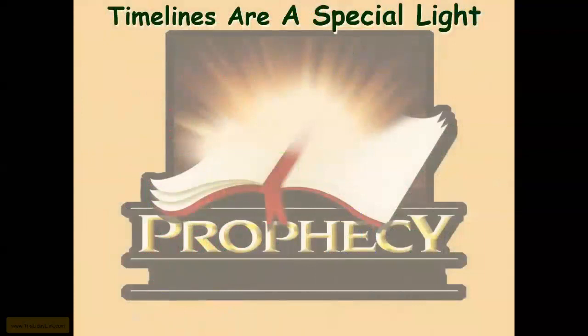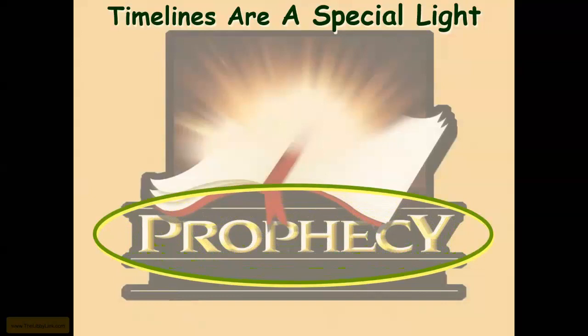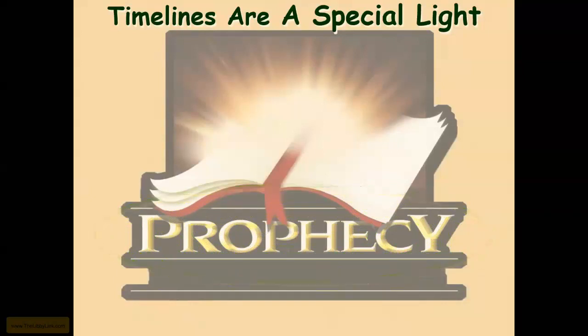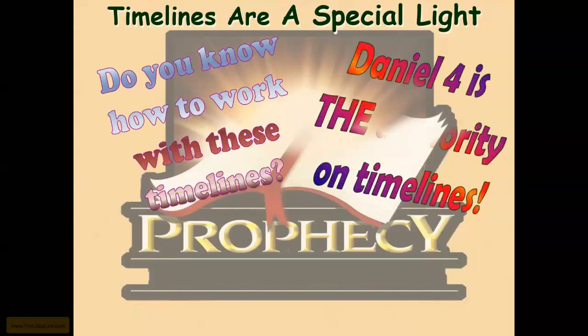Timelines are a special light. Oh yes, timelines are a special light in prophecy. They light our path through each important event right up to the end of time. The question is, do you know how to work with all these timelines? No, I don't. I'll admit it.